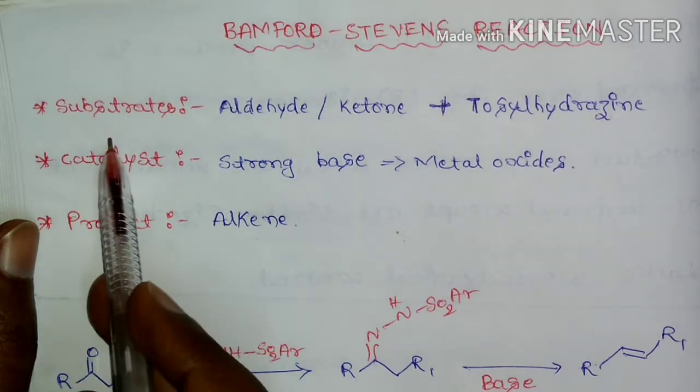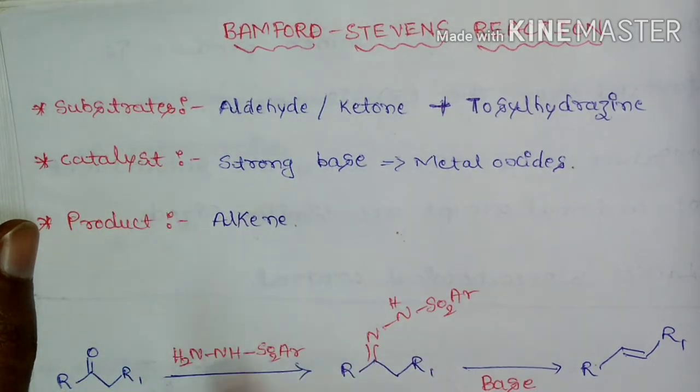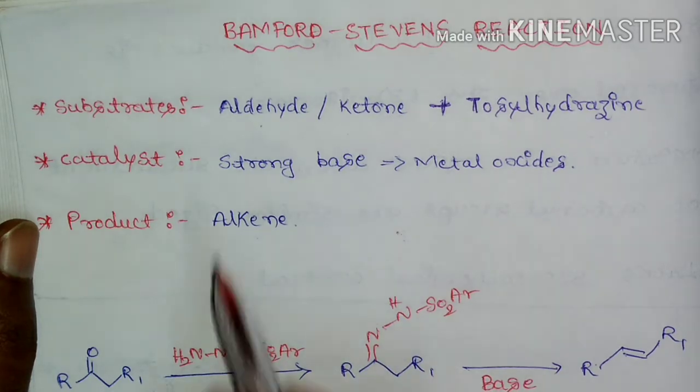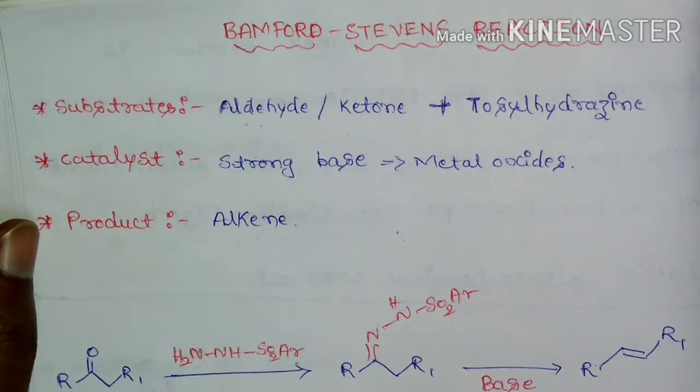So the substrate for this reaction is an aldehyde or ketone. Upon treatment with tosyl hydrazine, it is going to form tosyl hydrazone derivatives of the aldehyde and ketone.